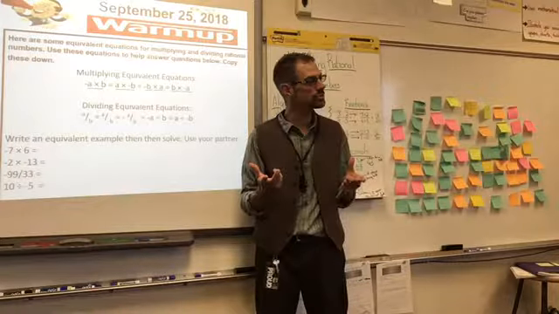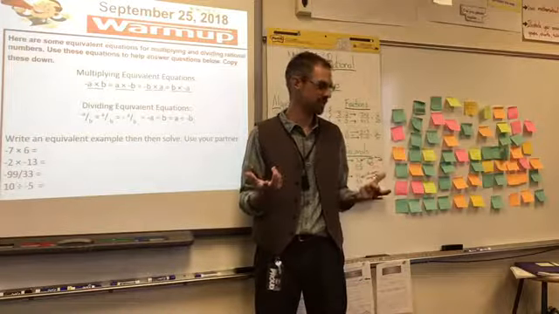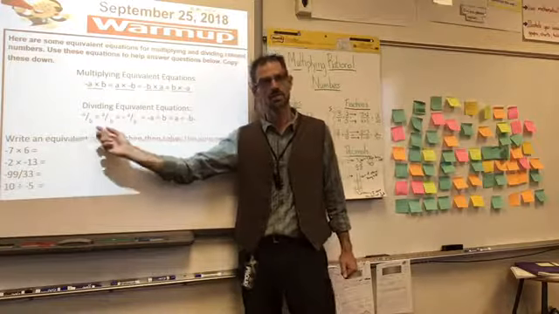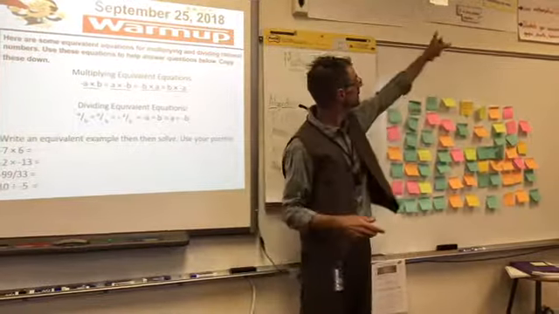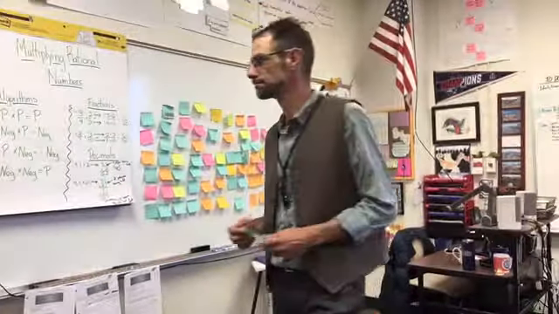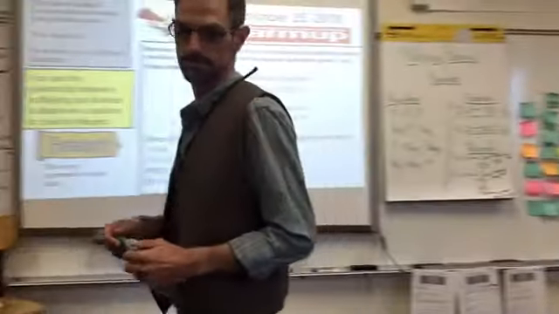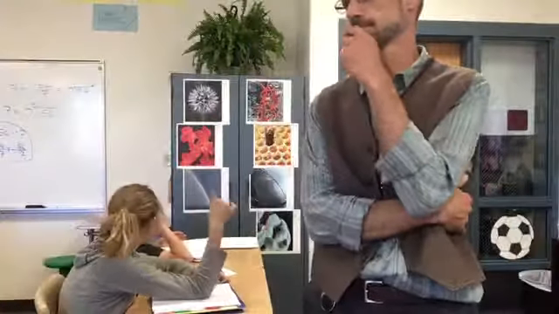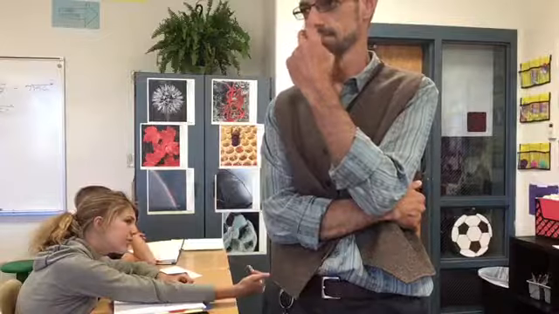Now, this is a little different. Division is different. Talk to your partner about this. And what do you notice about this? Use those ways to talk. Just swap, switch. They just like switch.